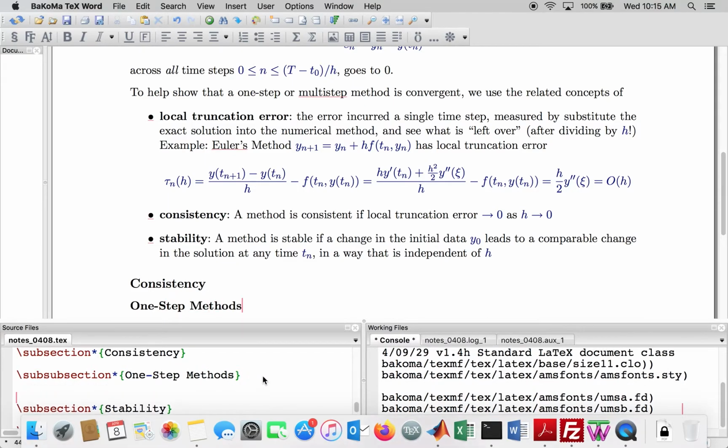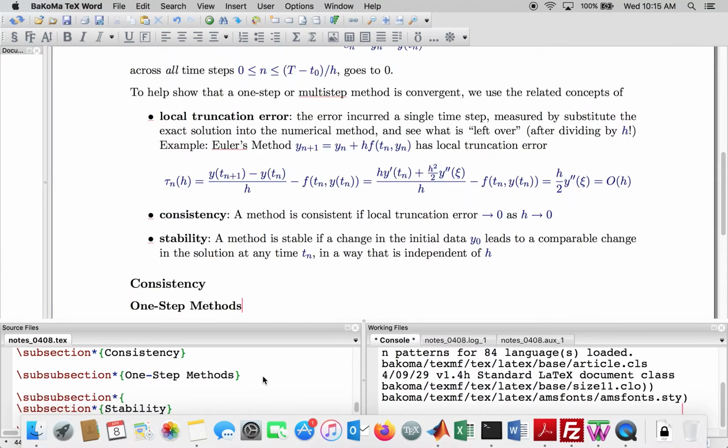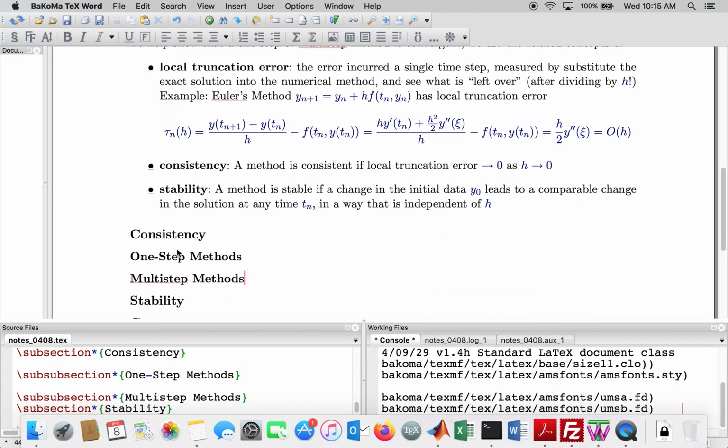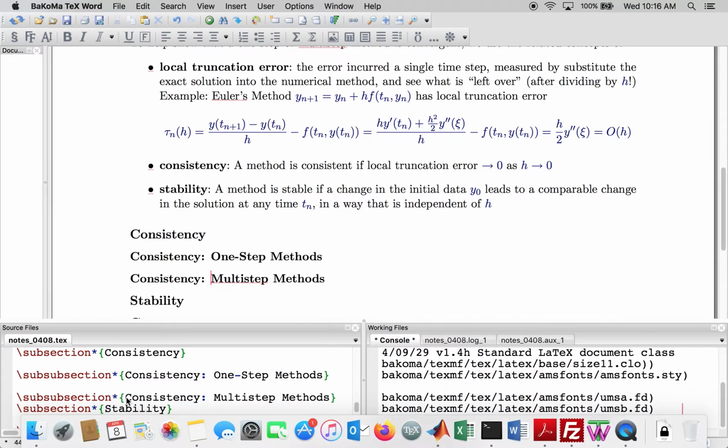What's bugging me here is, yes, these are supposed to be subsections of consistency, and I have it organized that way, but I was hoping to use a smaller font, but it doesn't. So I'm going to label these sections accordingly so you can clearly see these are under consistency.